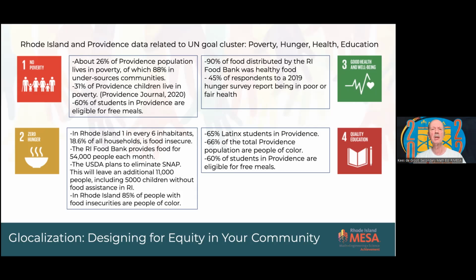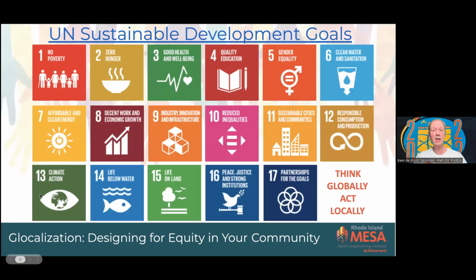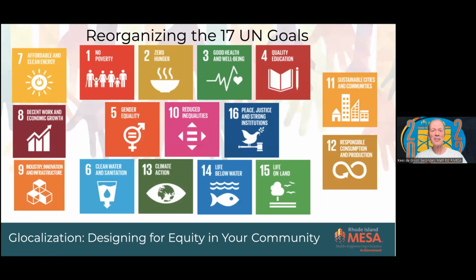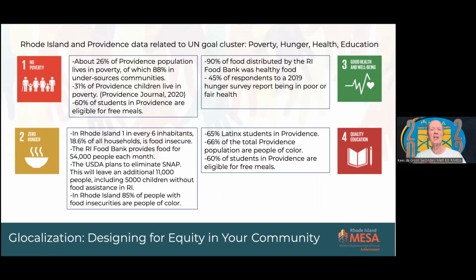As you can see, that can be a little controversial depending on how you view healthy food. 45% of respondents to a 2019 hunger survey reported being in poor or fair health, which means that they're not reporting being in good or excellent health. So that is a very disconcerting number.